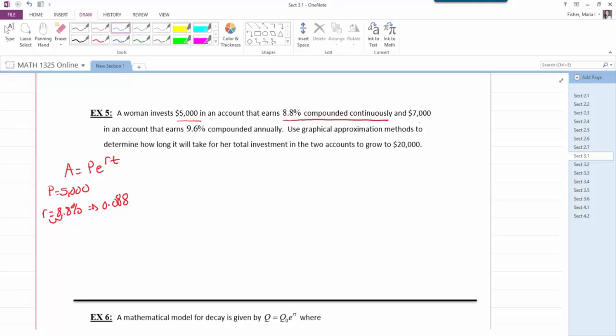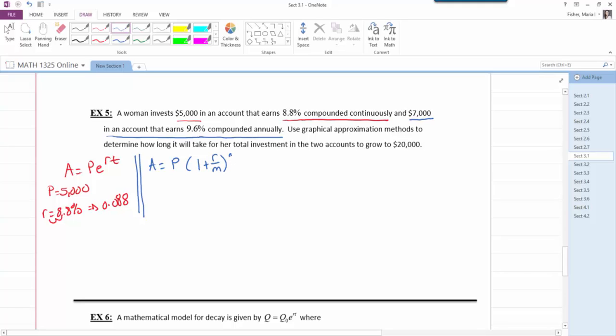And it says she also will invest $7,000 in an account that earns 9.6% compounded annually. So we're going to use our compound interest formula for that. And our compound interest formula says that A is equal to P times 1 plus R over M raised to the M times T. So let's see what it says.